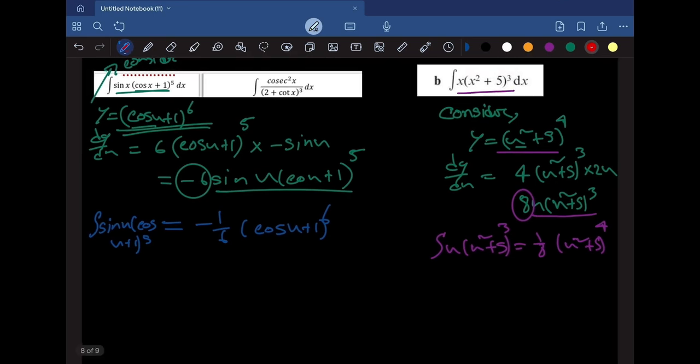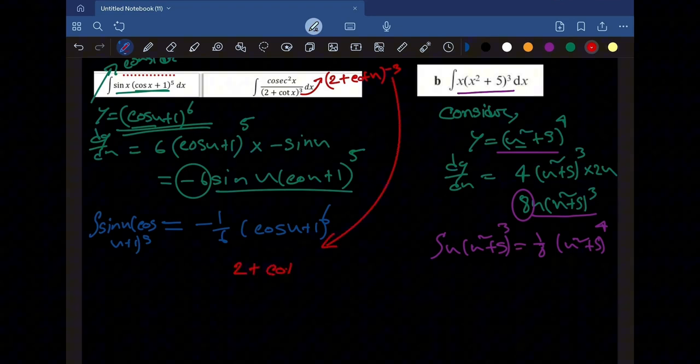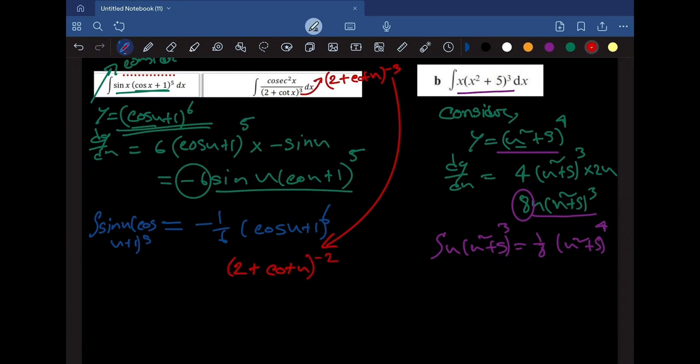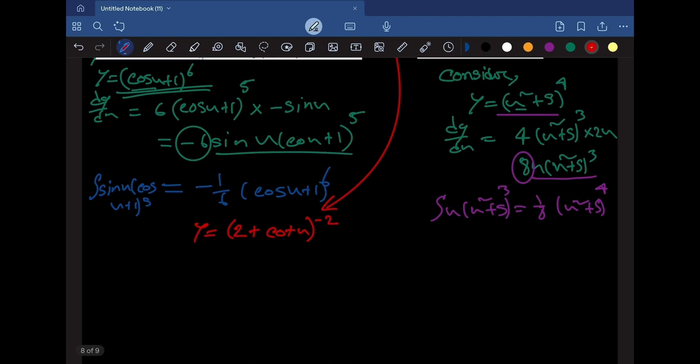If we take this upward, the sign will change, so it will become 2 plus cot x to the power minus 3. When we take it right here, we will increase the power by 1, right? So it will become 2 plus cot x to the power minus 2. Minus 3 will become minus 2 because we have increased the power by 1.